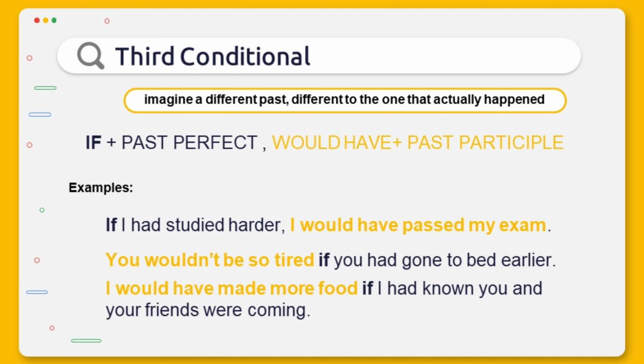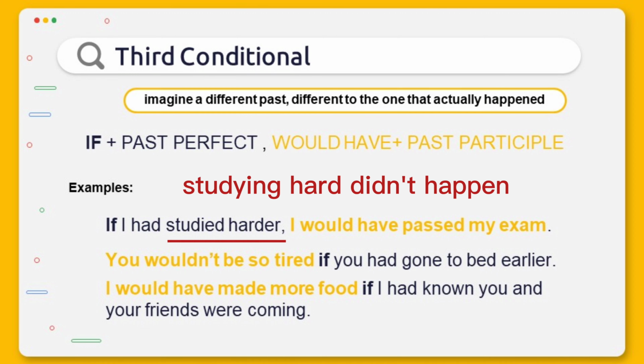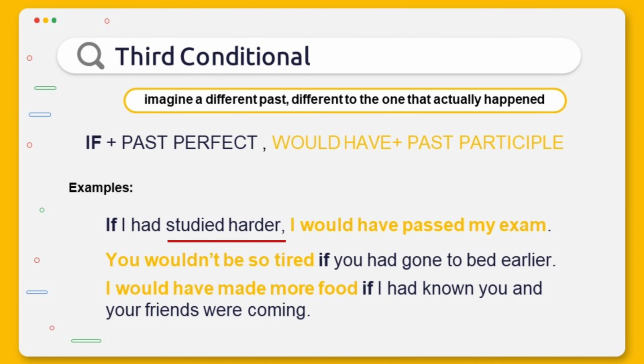These example sentences express the past consequences of unrealistic actions or situations in the past. For the first example, if I had studied harder, I would have passed my exam. The first action, studying hard, did not happen. But in the case that I happened to do it, the consequence was passing the exam.